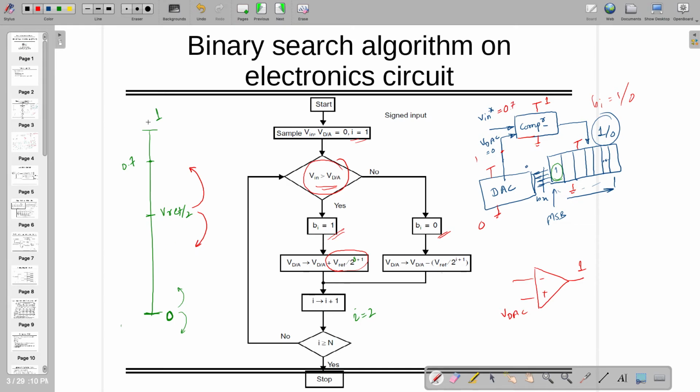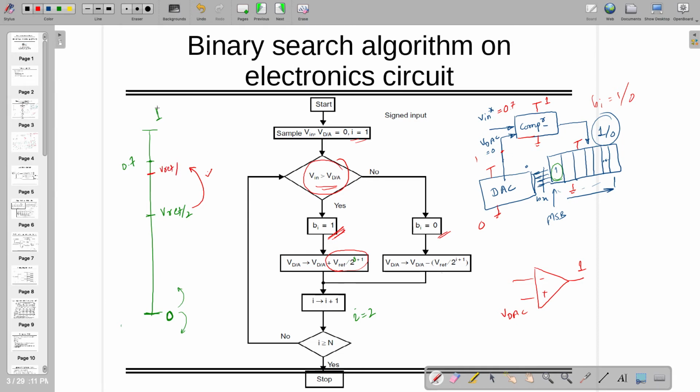If you are up, it means it's 1, and if it is low, it's 0. Right now it's 1. You are in this particular zone of the input.